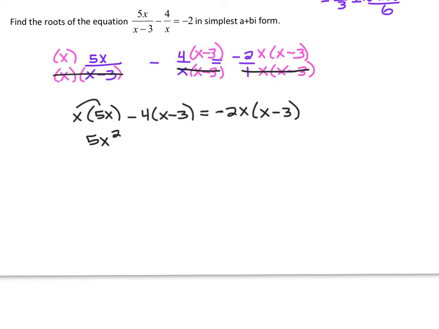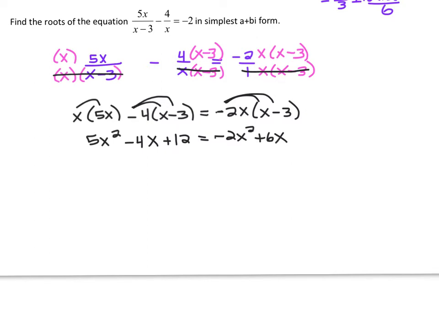And now we're going to distribute this negative 4 to both terms in the parentheses. Negative 4 times x is negative 4x. And then negative 4 times negative 3 is positive 12. Negative times negative is a positive. And then negative 2x times x is negative 2x squared. And negative 2x times negative 3 is positive 6x.